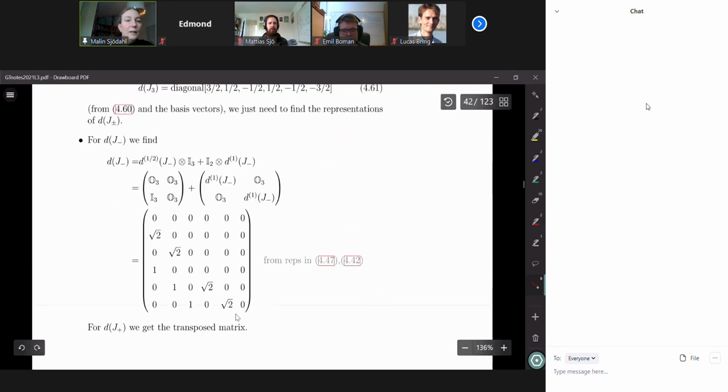Okay, so first we want to find dJ minus. We do this by using the relation we had before for the algebra. So we should have the 1/2 representation of J minus times the unit matrix in the 3-dimensional space, the spin 1 space, plus the unit matrix in the spin-half space direct product times the generator J minus in the spin 1 space.